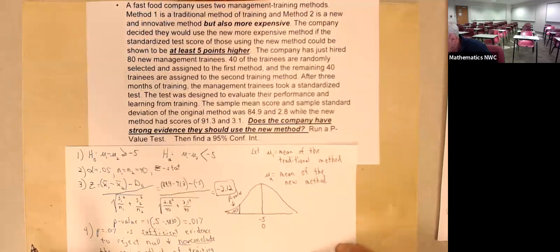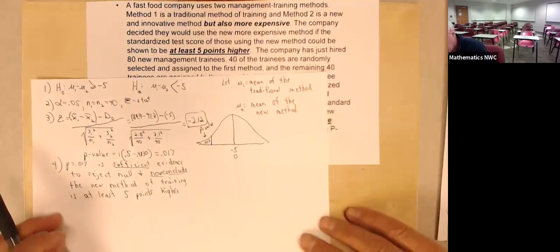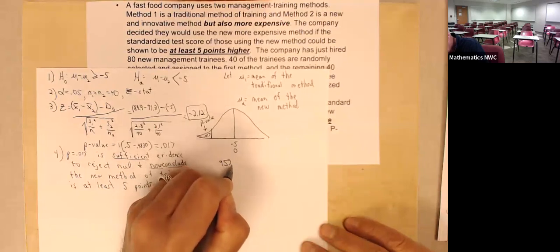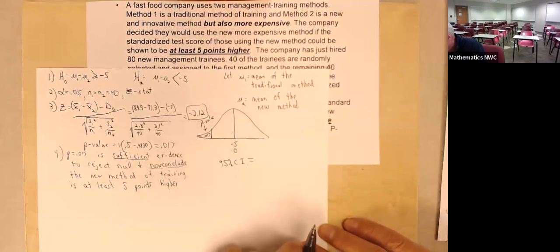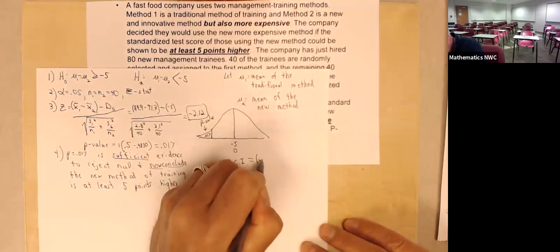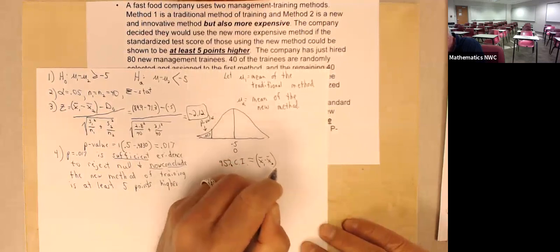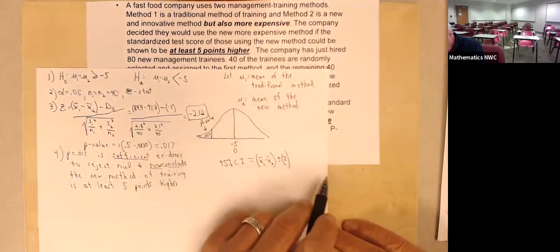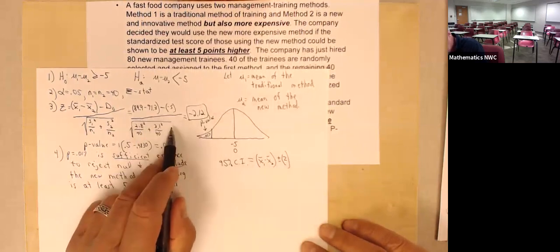The 95% interval, to calculate that, our formula for a 95% confidence interval is going to be x1 bar minus x2 bar plus or minus our z-score times our adjusted standard deviation, which is that denominator here.